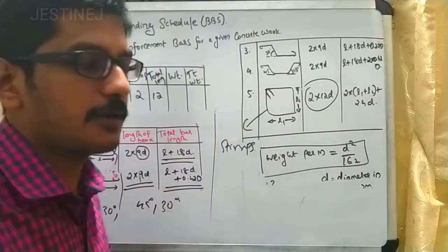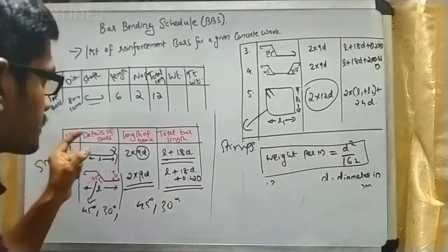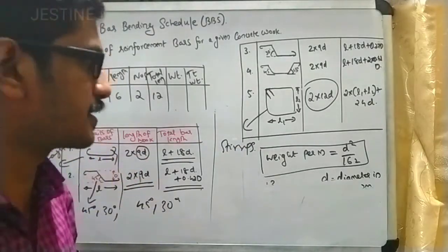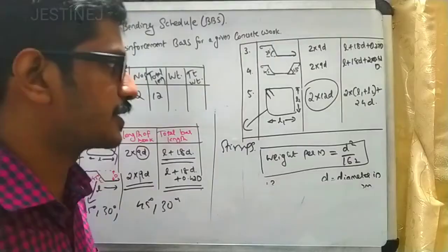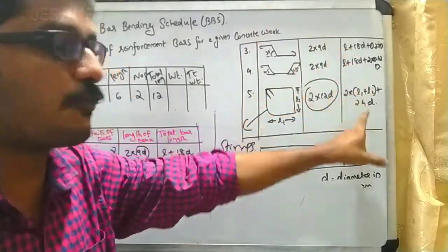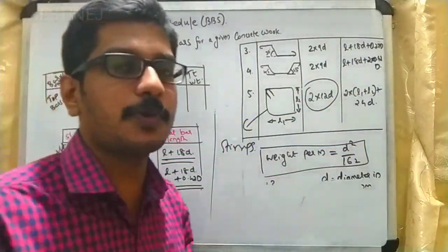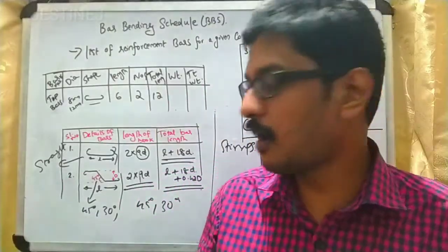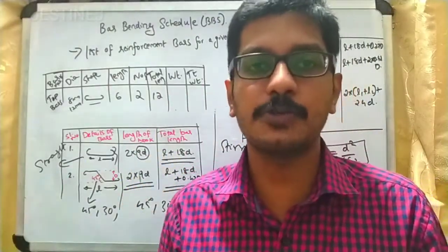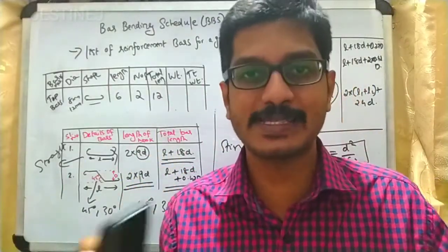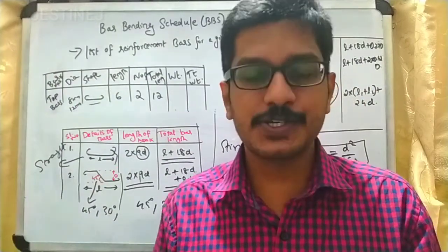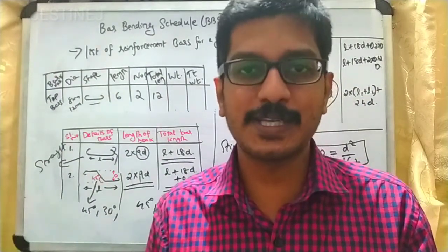This is the general format for finding the different details of bars and the total length of the bar. You must know these values. While doing problems you will get more clarity regarding how to analyze and find the quantity of steel for various cases. I hope this section is clear, and with this we will wind up today's section. Thank you.